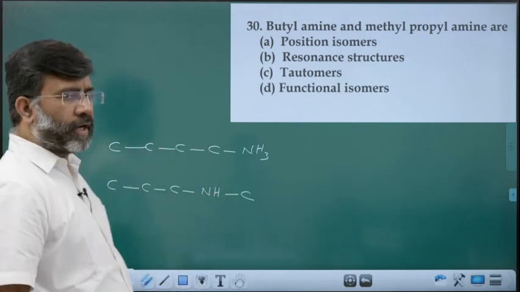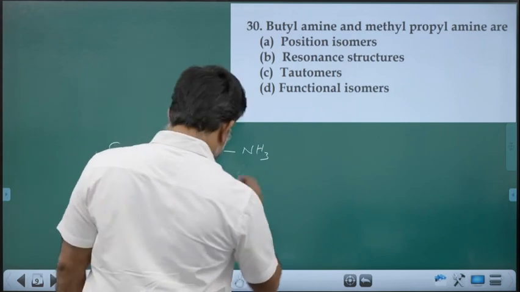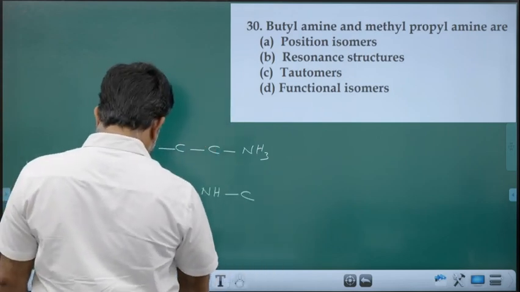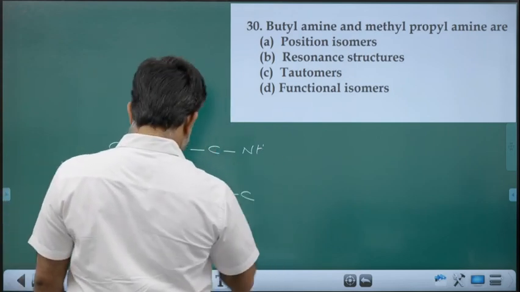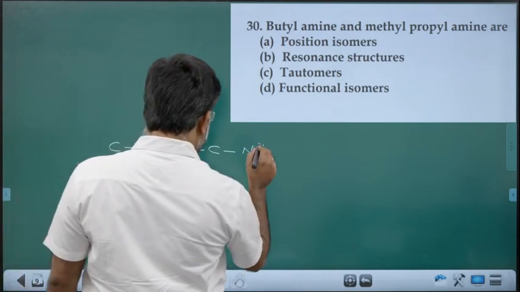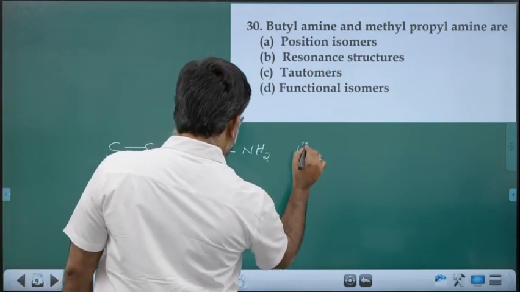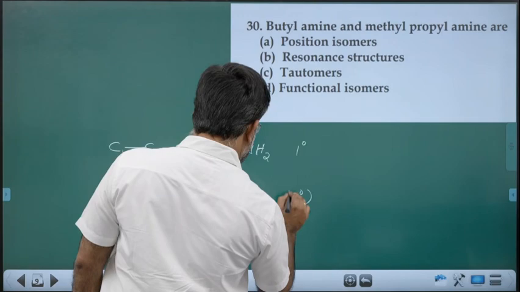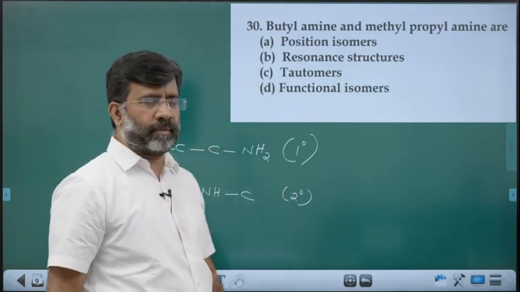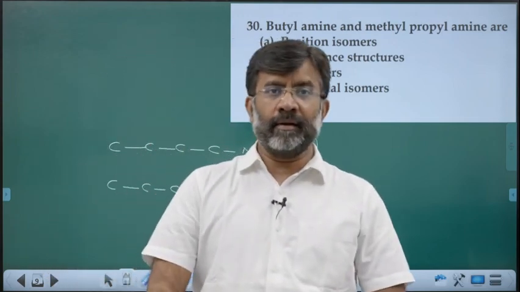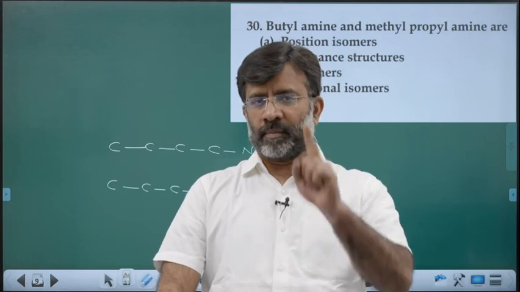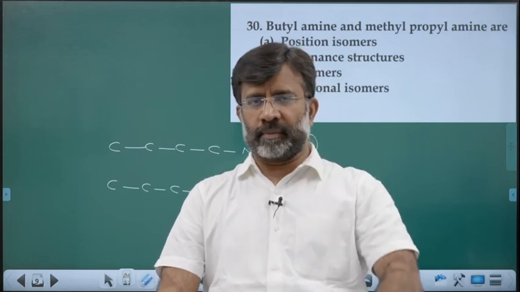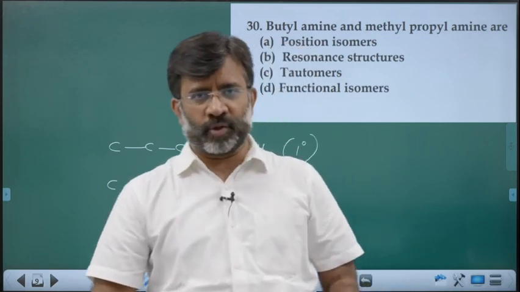They are functional group isomers. This is NH2, isn't it? So this is a primary amine and this is a secondary amine. So what is the isomerism between primary and secondary amine? They are functional group isomers. Primary, secondary and tertiary amines can be functional group isomers.